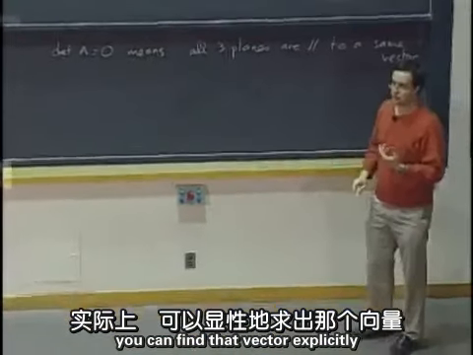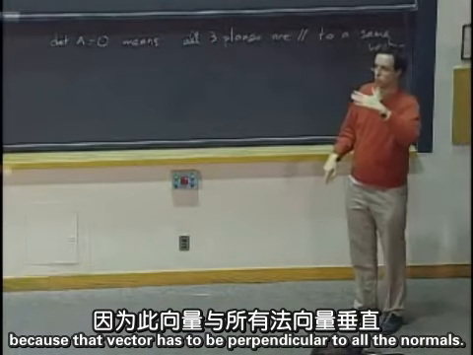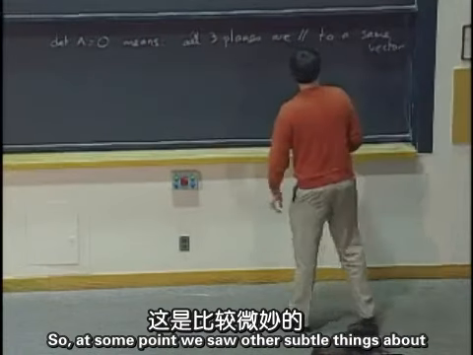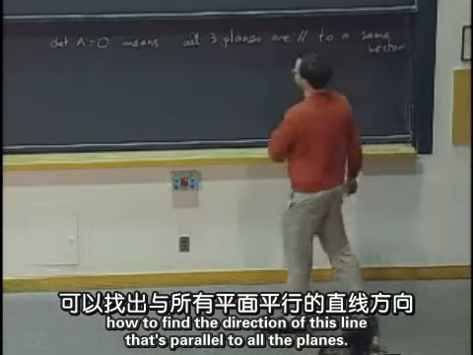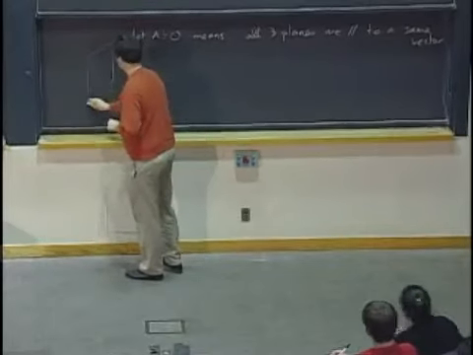And in fact, you can find that vector explicitly because that vector has to be perpendicular to all the normals. So at some point we saw rather subtle things about how to find the direction of this line that's parallel to all the planes.